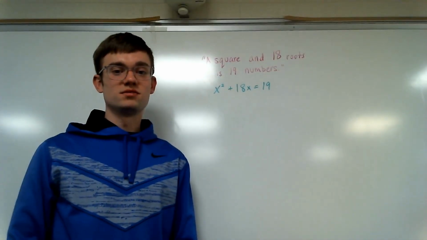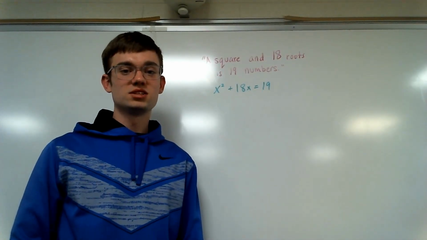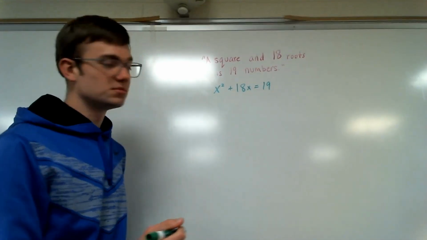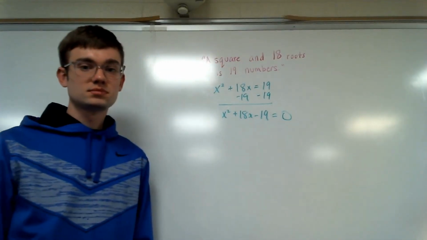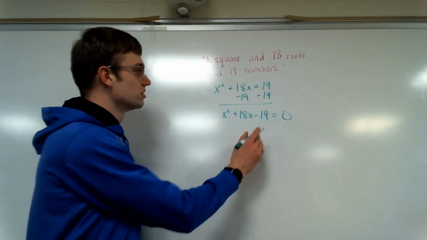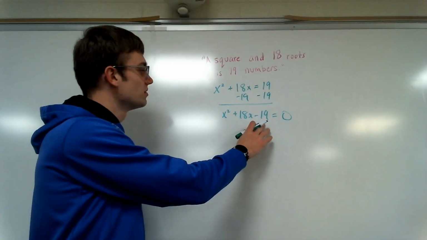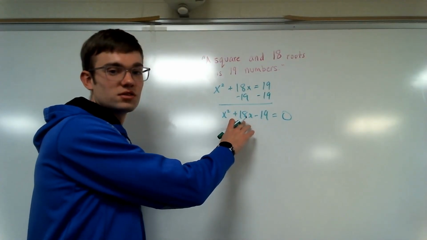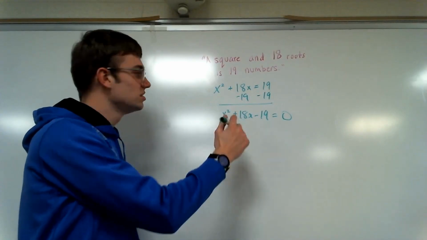This equation we can solve using modern methods. First of all, we need to set the equation equal to 0. So we'll subtract 19 on both sides. Now, we can check if this equation is factorable. The only factors of 19 are 1 and 19. However, we need to look for two numbers that have a difference of 18, which 1 and 19 do.